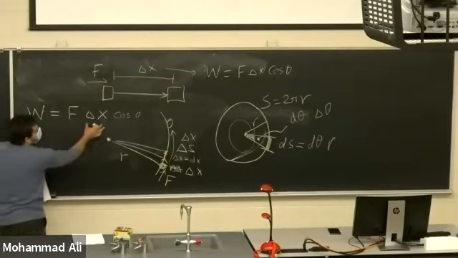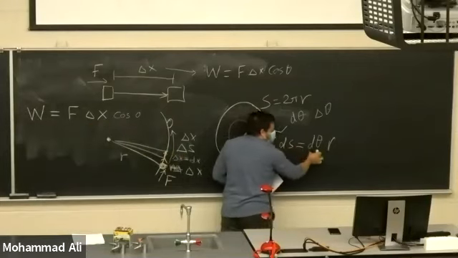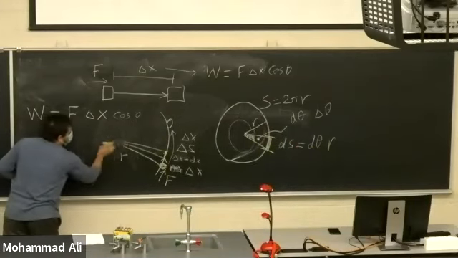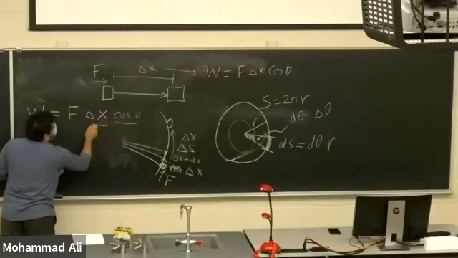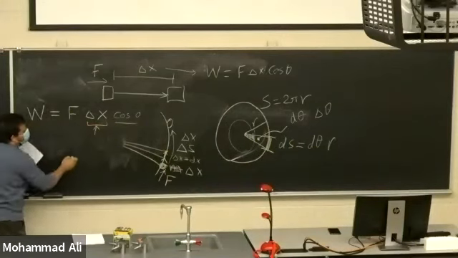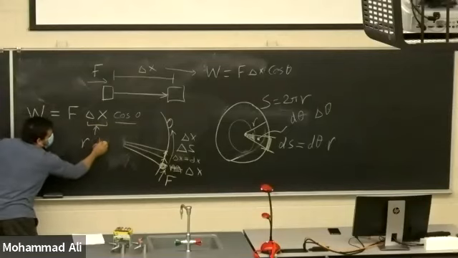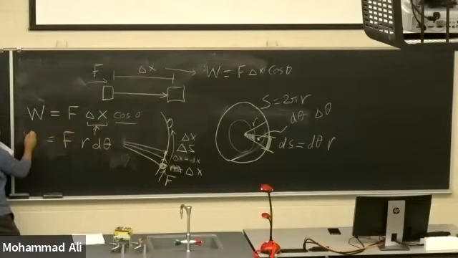But the displacement, ds, is equal to d theta multiplied by r. Now I can remove this cosine, which is 1, and in place of delta s put r d theta, multiplied by F, which is equal to the same work in joules.